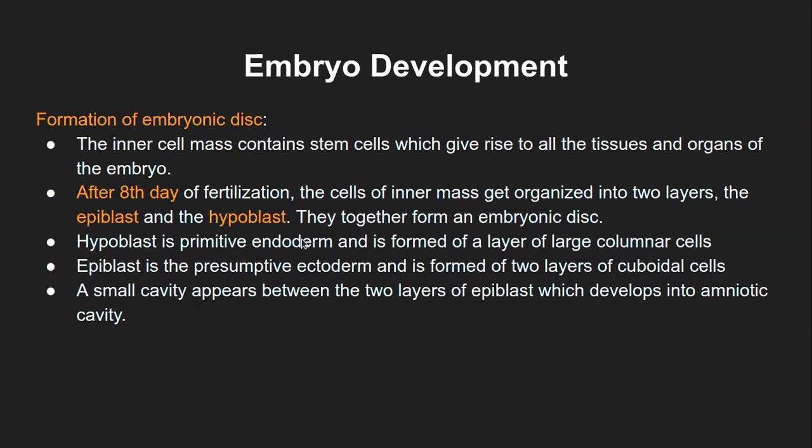Epiblast, the outermost part of this embryonic disc, is the presumptive ectoderm, which is part of the next germ layers, and is formed of a layer of cuboidal cells. Hypoblast was of columnar cells, epiblast is of cuboidal cells, and a small cavity appears between these two layers, which develops into the amniotic cavity.